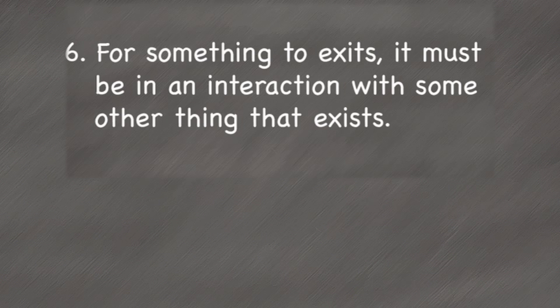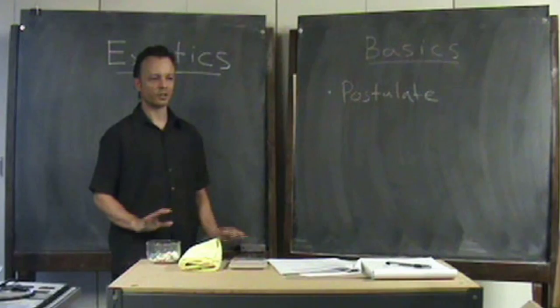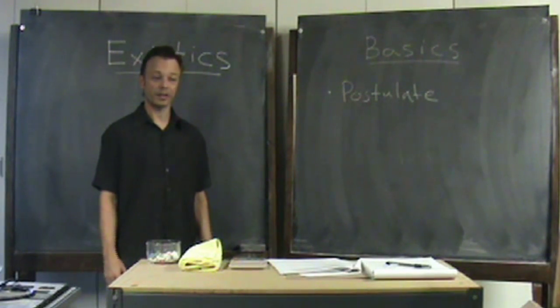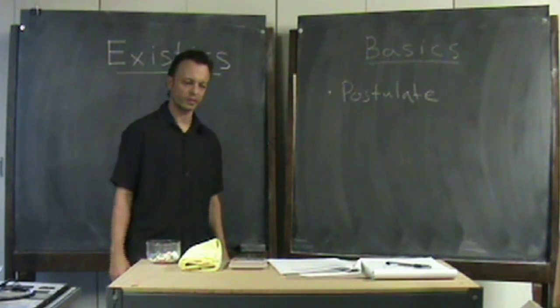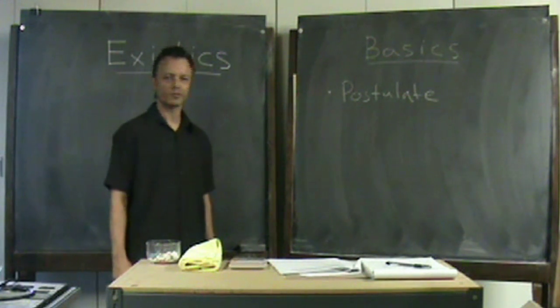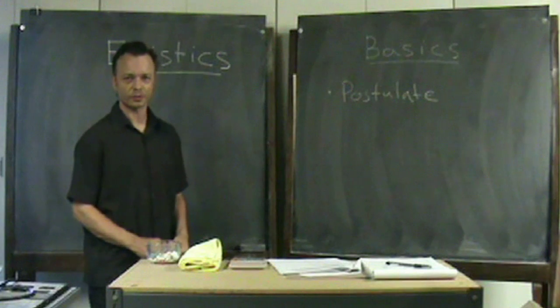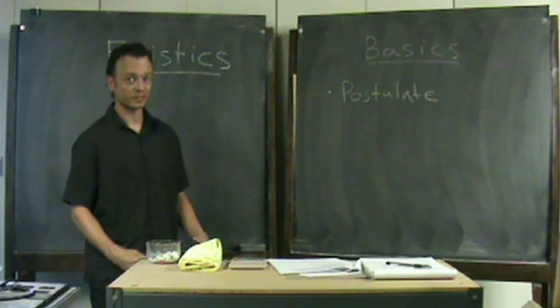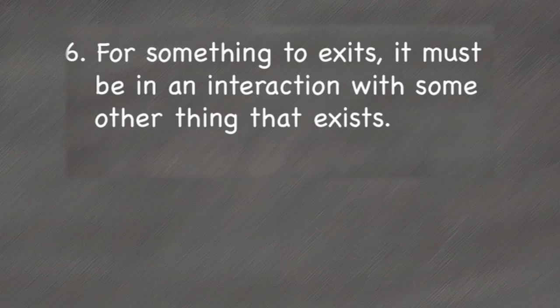So what we are assuming is that interaction plays a fundamental role in existence, that there is an underlying interaction that is fundamental to existence, and Existics is an attempt to define that fundamental aspect of existence. So, for something to exist, it must be in an interaction with some other thing that exists.